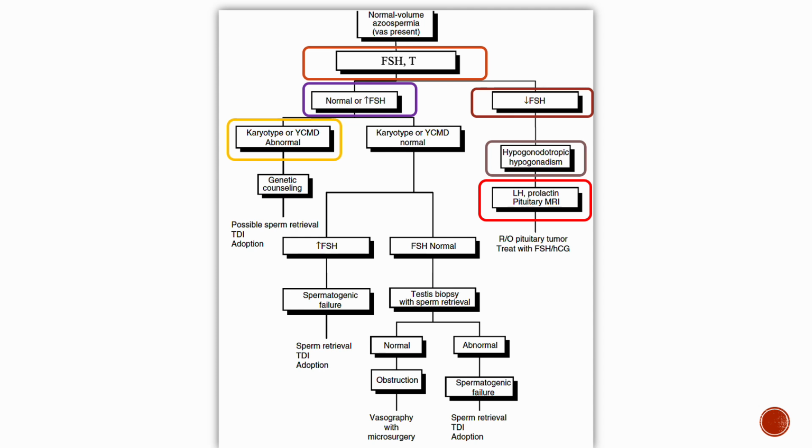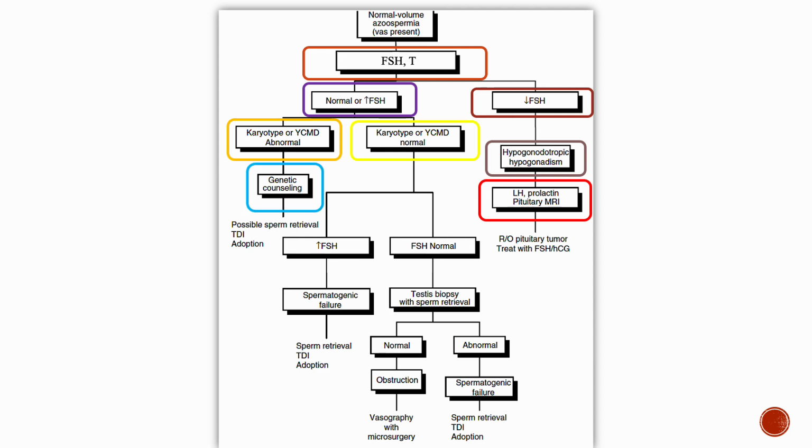Why? Because the probability of retrieving sperm is 0%. But if it is azoospermia factor C, AZFC, then we will go for sperm retrieval, because the possibility of sperm retrieval is there when AZFC is absent. We will discuss these factors in more detail later in the presentation.